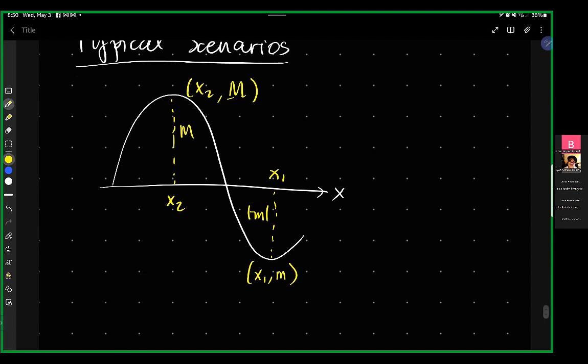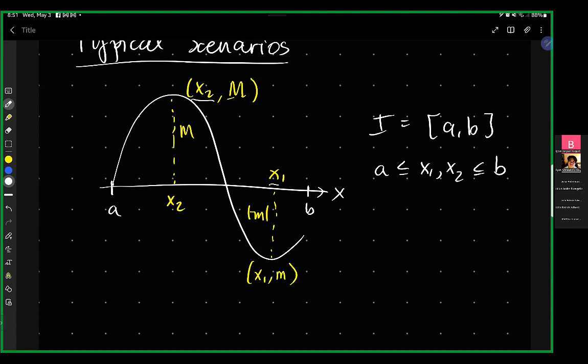So let's say it is given by the interval between A and B. In this case, our interval is A and B. This is how you write an interval. The absolute maximum can be found at point x2, and the absolute minimum can be found at x1. And both these values, x1 and x2, are bounded by the interval A and B.